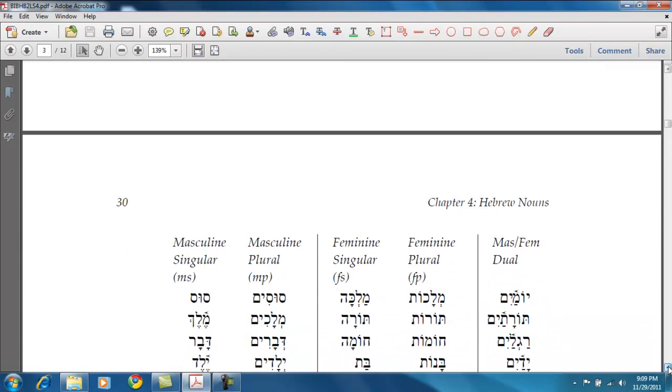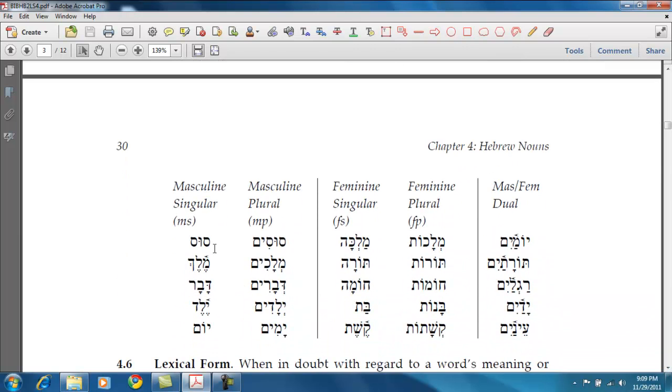Okay, so let's go through the list here. We got sus as masculine singular. We have susim, which is masculine plural. We have malka, feminine singular, and melachot, which is feminine plural.